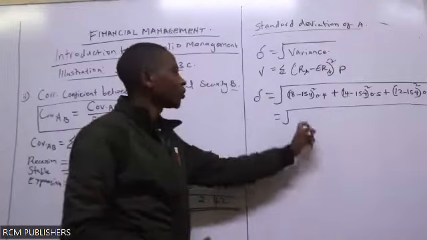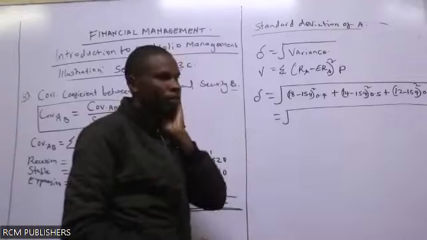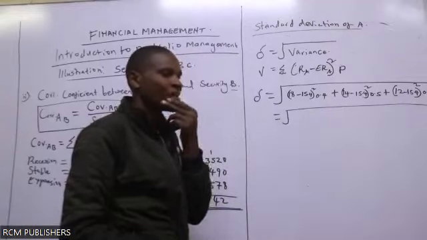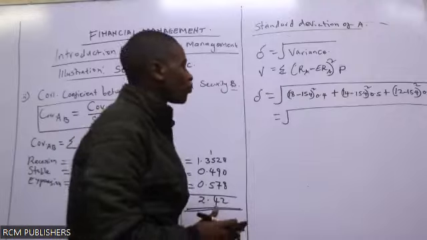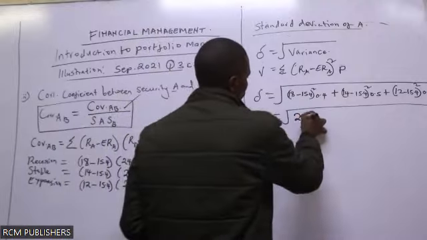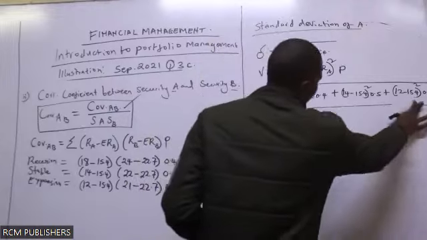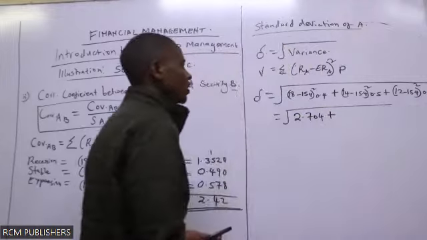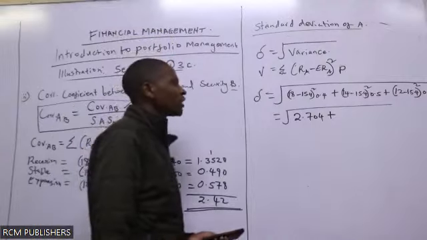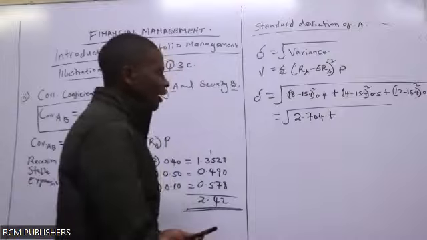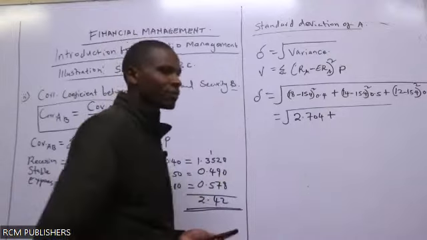Moving on. The first one here, how much? 2.704. Plus this one. We have gone far, it is reducing. We reduce as we move. The other one, 14 minus 15.4, whatever you get squared, then you multiply by 0.5.